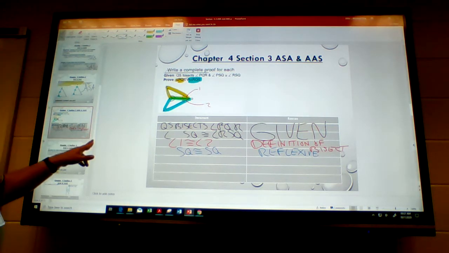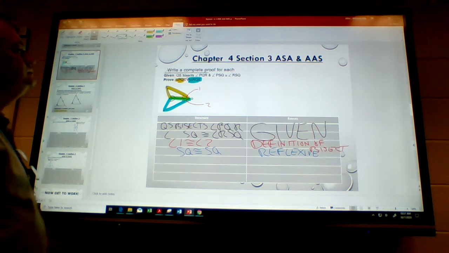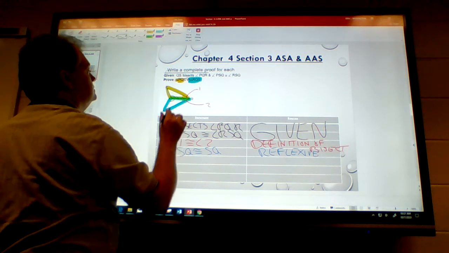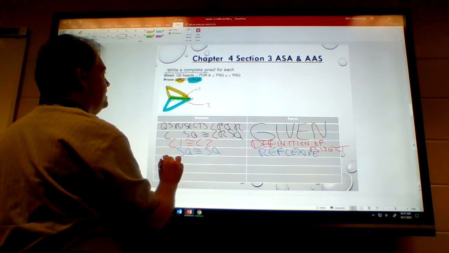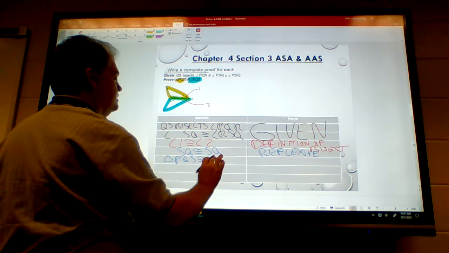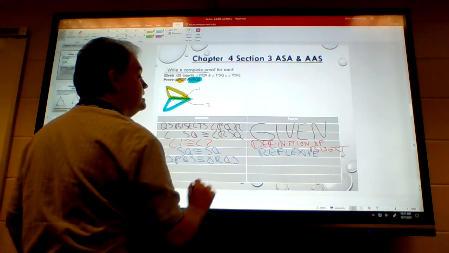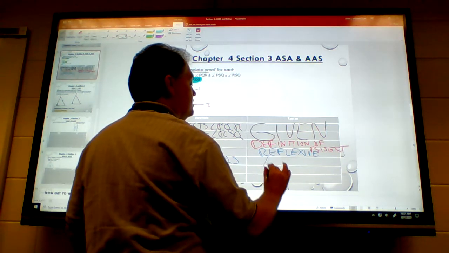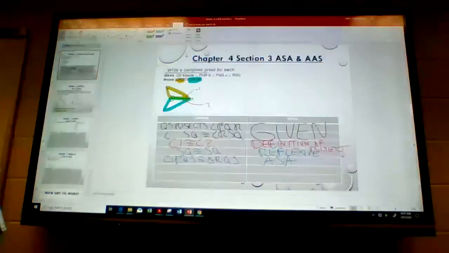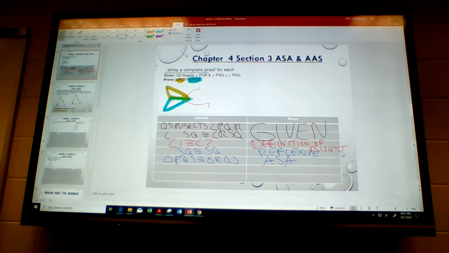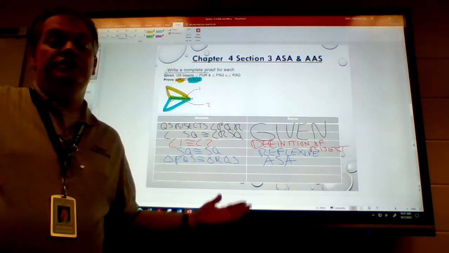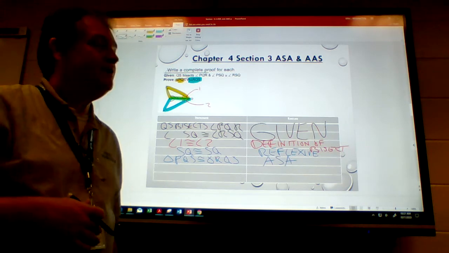So finally, I have enough to prove triangle congruence: triangle PQS is congruent to triangle RQS, and that is by the angle side angle congruence postulate. You don't have to worry about saying the whole thing, just say ASA, and you're good to go.